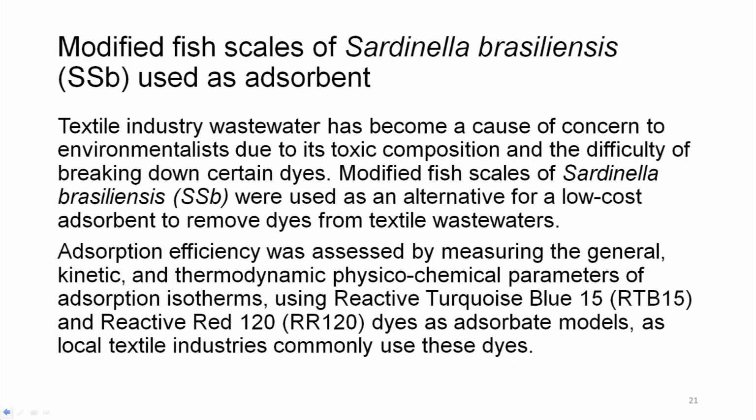Textile industry wastewater has become a cause of concern to environmentalists due to its toxic composition and the difficulty of breaking down certain dyes. Modified fish scales of Sardinella were used as an alternative low cost adsorbent to remove dyes from textile wastewater.